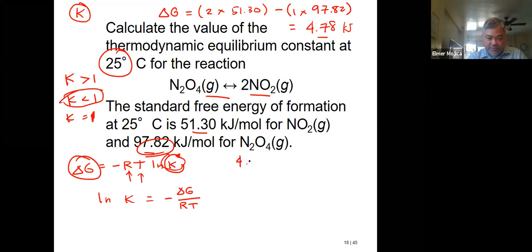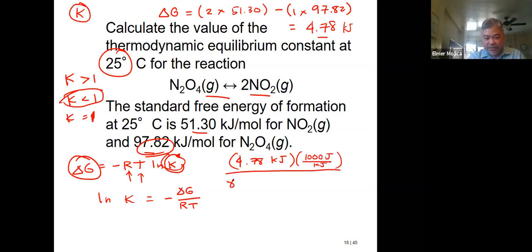So this is 4.78, but this is in kilojoules, so I have to multiply it by 1,000 joules per kilojoule. And then divide it by 8.314 joules per K mole, and then multiply it by 25 plus 273, 298 Kelvin. So what do you get? You will get an ln K that is negative.